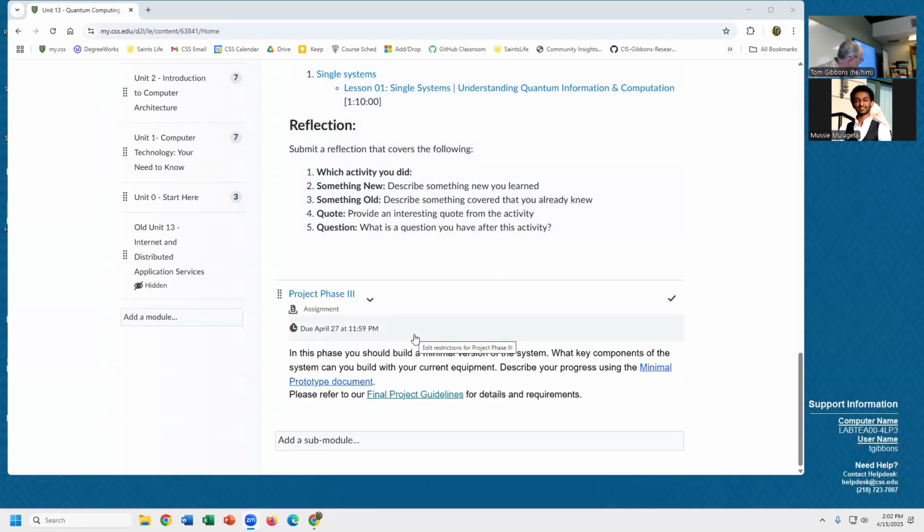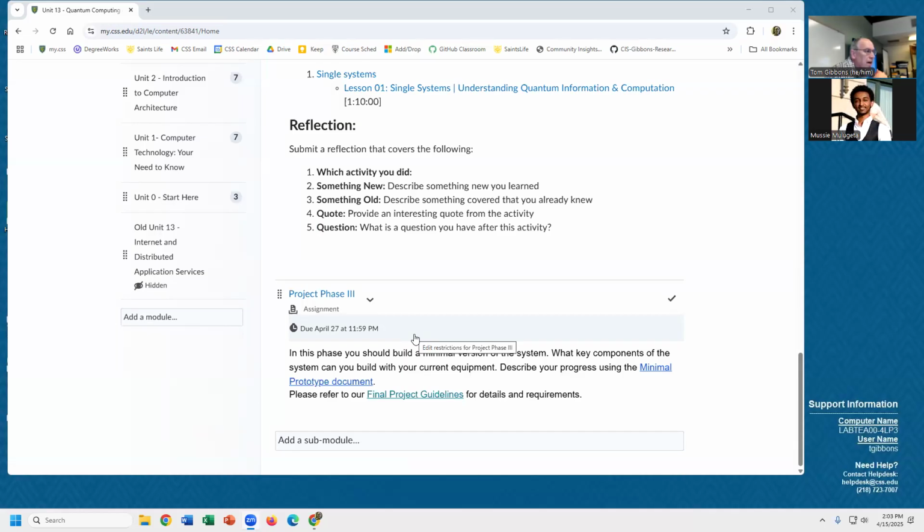And then we're also working on the project. The next part of the project is a minimum viable option, trying to get things set up. I had this due for this next Sunday, but with Easter break, I decided to push it off so we have more time in class to work on this. So next week we'll have some time in class to work on this stuff.